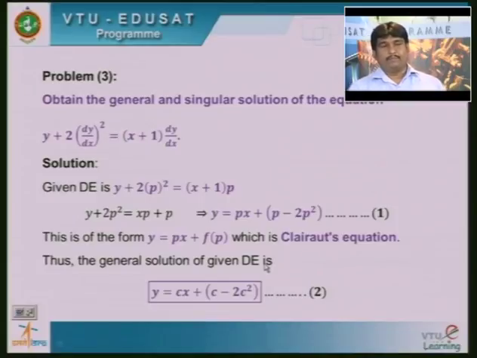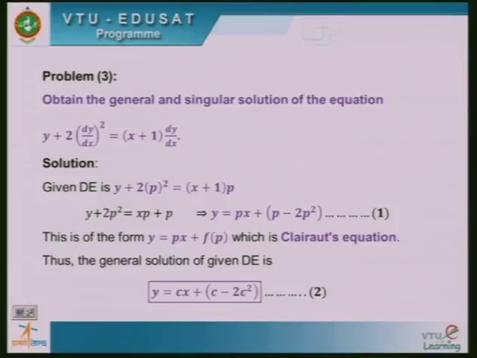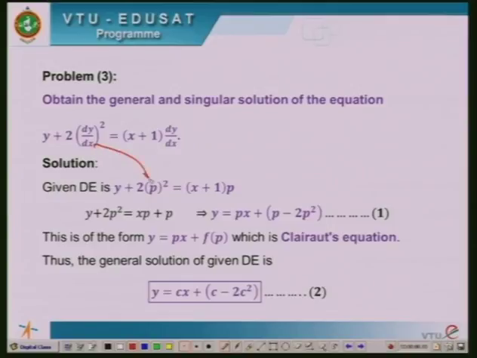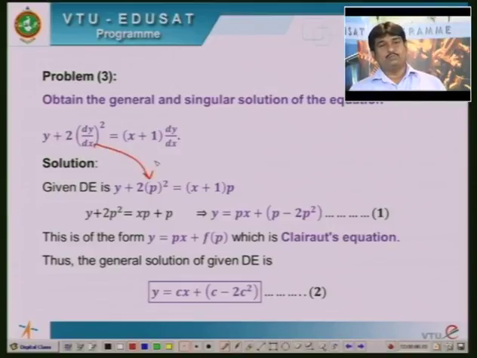Problem number 3. Find the general and singular solution of the equation (y + 2 dy/dx) whole square equals (x + 1) into dy/dx. We know that dy/dx is p. So write it as (y + 2p) whole square equals (x + 1) into p.